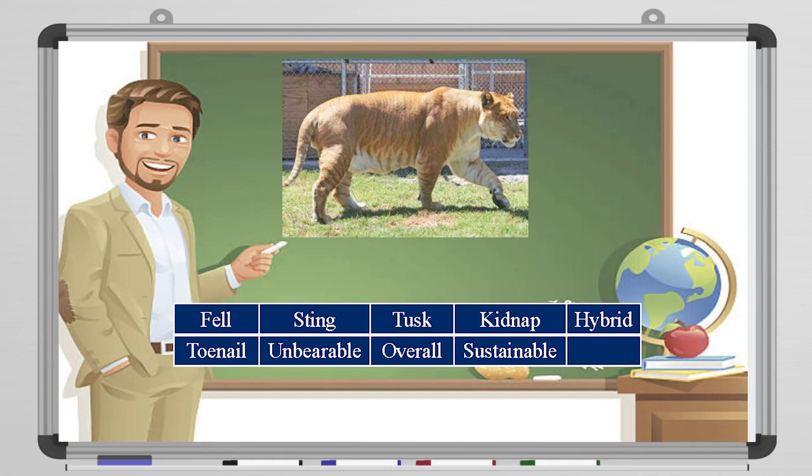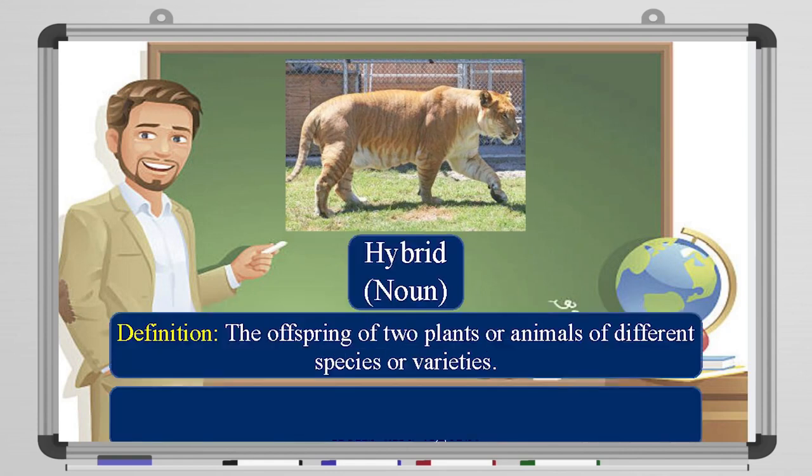So we have some sort of a lion and a tiger. This is actually a real animal. It's called a liger. So when two animals mix, what is that? You have a hybrid. Very good. So hybrid is a noun, and it is the offspring of two plants or animals of different species or varieties.